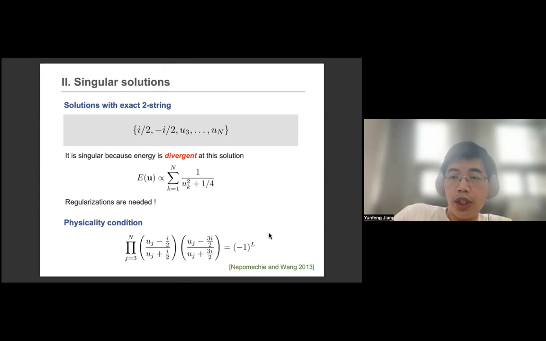So the conclusion is that if you have singular solutions, then you need to check the regular part, namely u3 to uN, must satisfy this additional constraint. Then the solution is physical. Otherwise, it's not. Based on this observation, they can count how many solutions and how many physical solutions they have, and then they can check the completeness numerically at least.